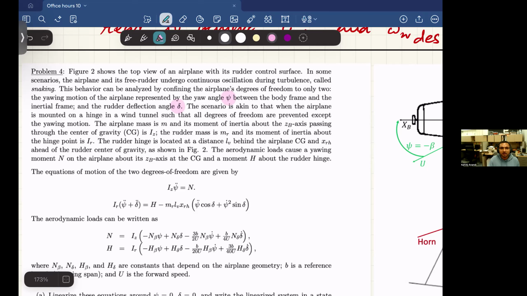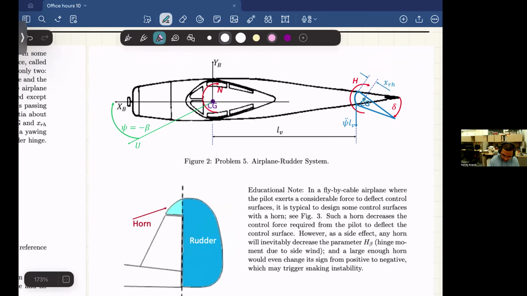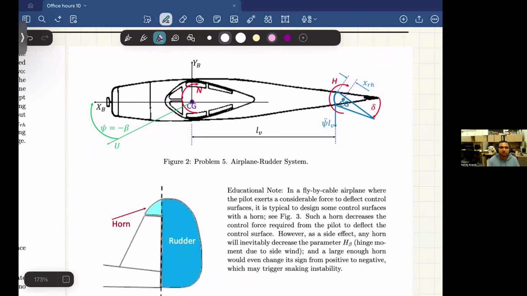The rudder mass is mr and its moment of inertia about the hinge point is Ir. The rudder hinge is located at a distance lv, which I think is very clearly shown in figure 2, behind the airplane CG, and xrh ahead of the rudder center of gravity as shown in figure 2.